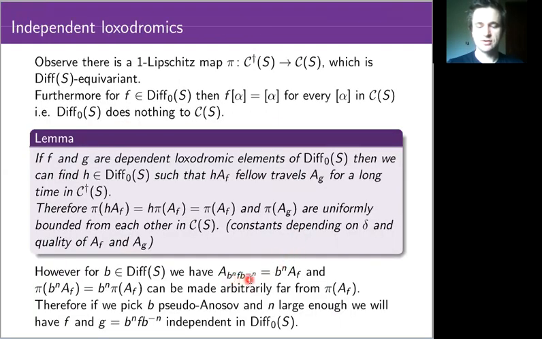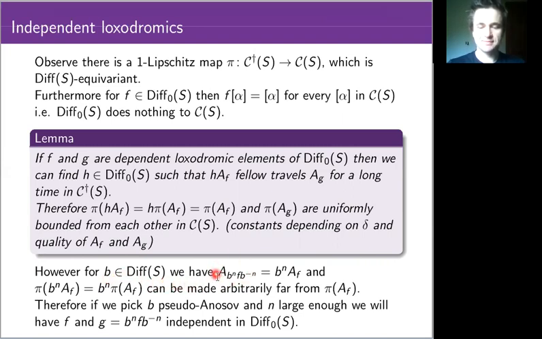So we're going to consider this conjugate. It lies in Diff naught still, because Diff naught is normal. B is in Diff, outside Diff naught. We want this to be a representative of some pseudo-Anosov mapping class of the mapping class group of S.